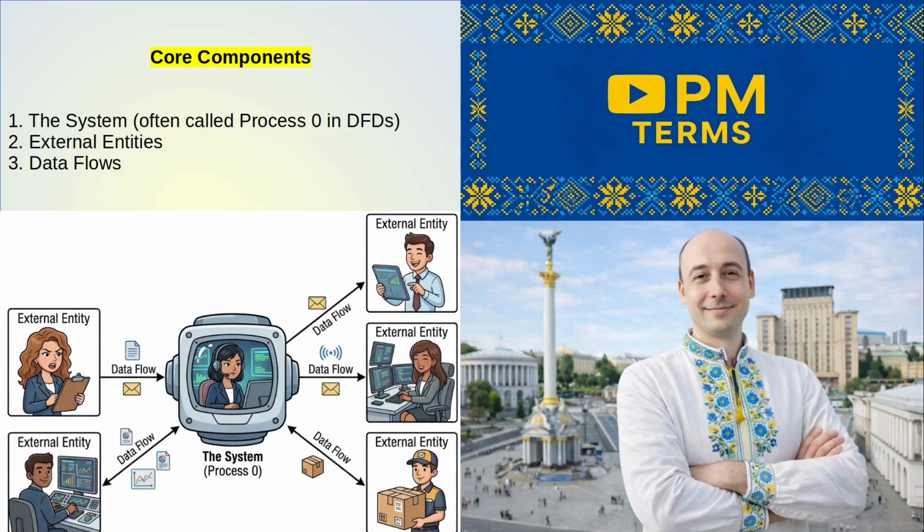Third, data flows, arrows that represent information exchange. Examples: payment request, account data, transaction confirmation. Avoid overloading the diagram. If it becomes complex, you've gone too deep.